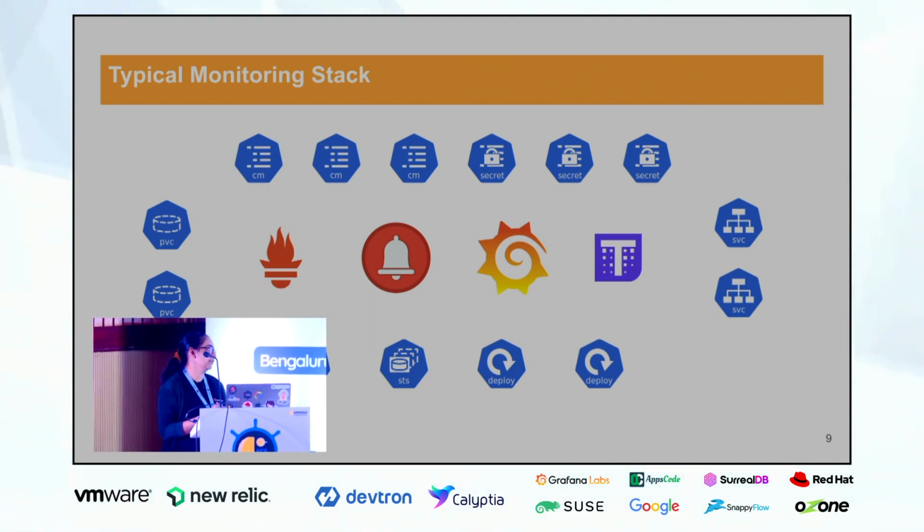And when you have this in production and something goes wrong, it's very difficult to revert as well. So this is one of the pains for system admins or SREs or whoever is trying to set up monitoring in Kubernetes.